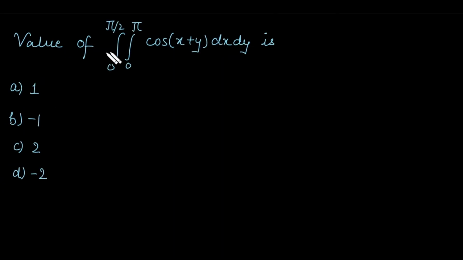Next question is, what is the value of this double integration? So first we need to integrate with respect to x, keep y as a constant. Integration of cos x plus y. What is the integration of cos? That is sine x plus y, and the limit of x is 0 to pi, and outer integral as it is.